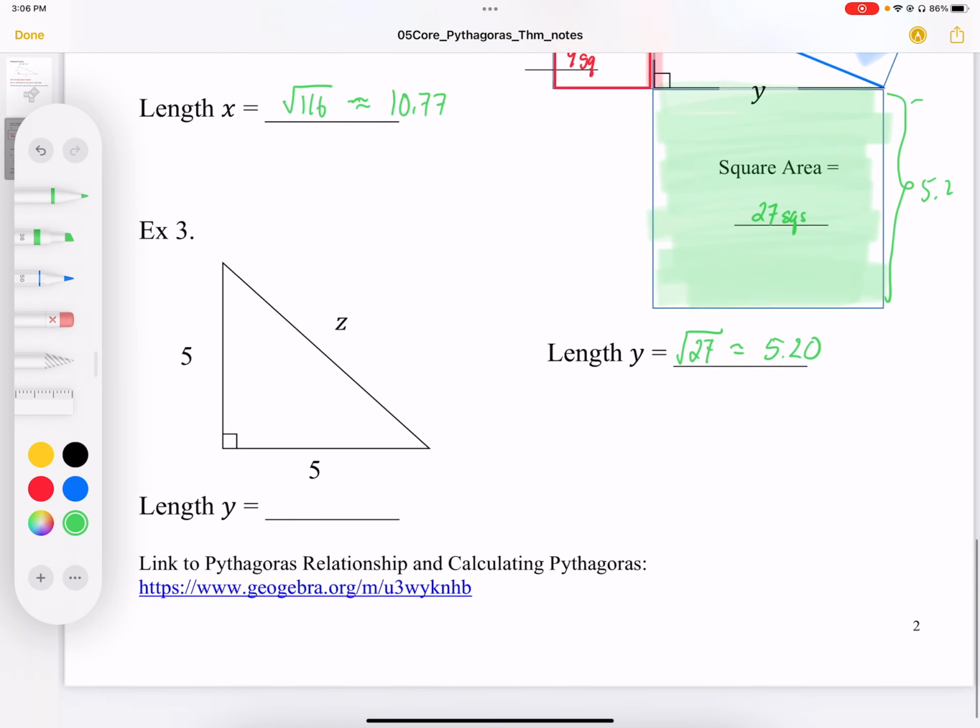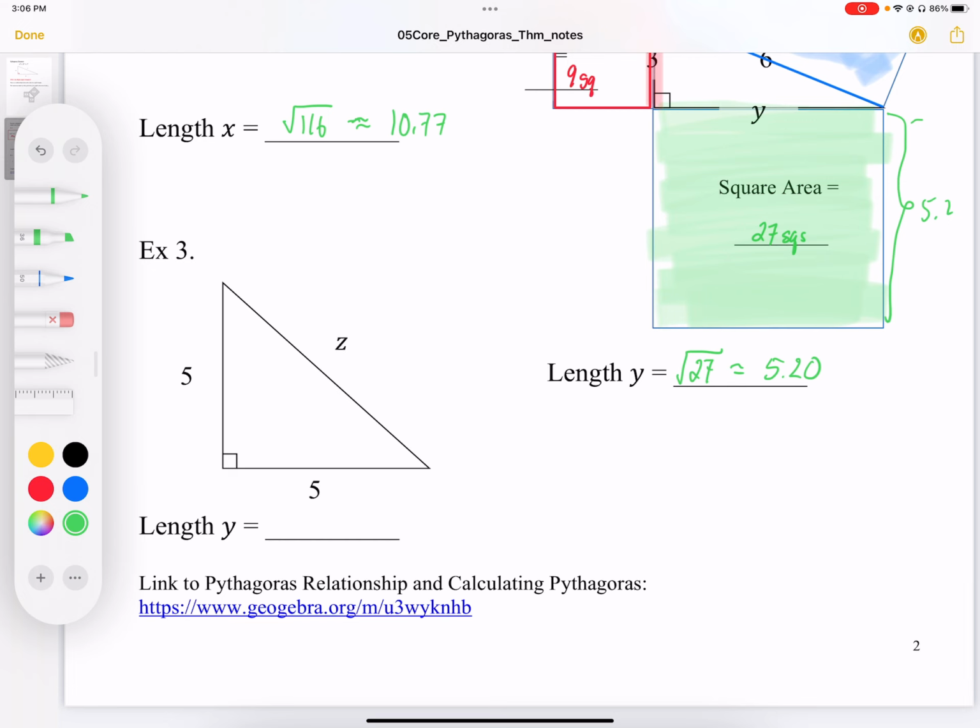And then lastly, we're going to work out the edge length of, it says y, but we're actually finding out z here. We know that a squared plus b squared, so we know that the square from this shorter side is 25. So we know that z squared must equal 25 plus 25, which is 50.